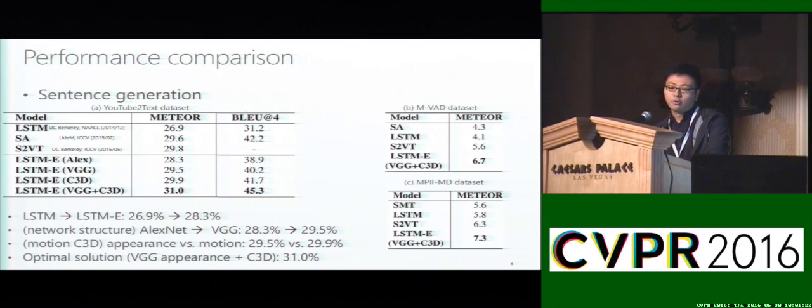So finally, we find the optimal solution is to combine the different features, that is, incorporating the spatial information extracted by VGG and the temporal dynamics extracted by C3D, and with that combination of 2 features, our model can achieve the state-of-the-art performance. So this is our performance comparison on 2 main tasks.